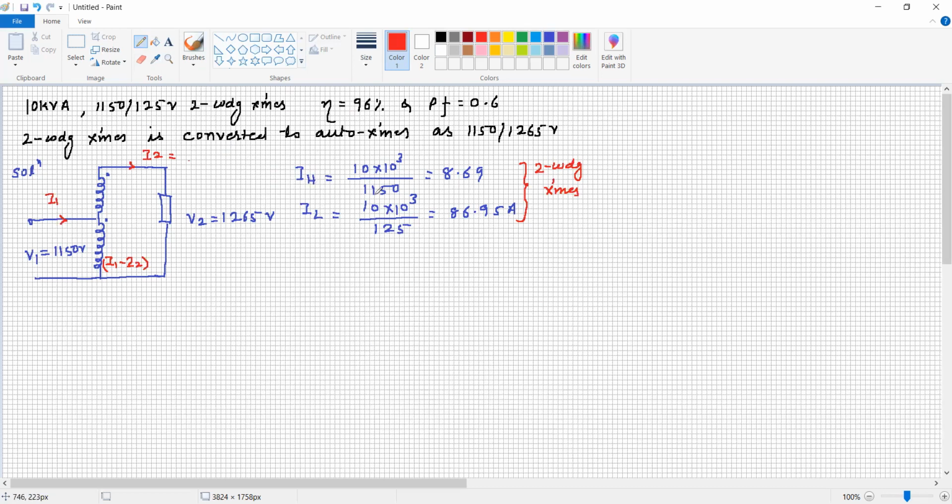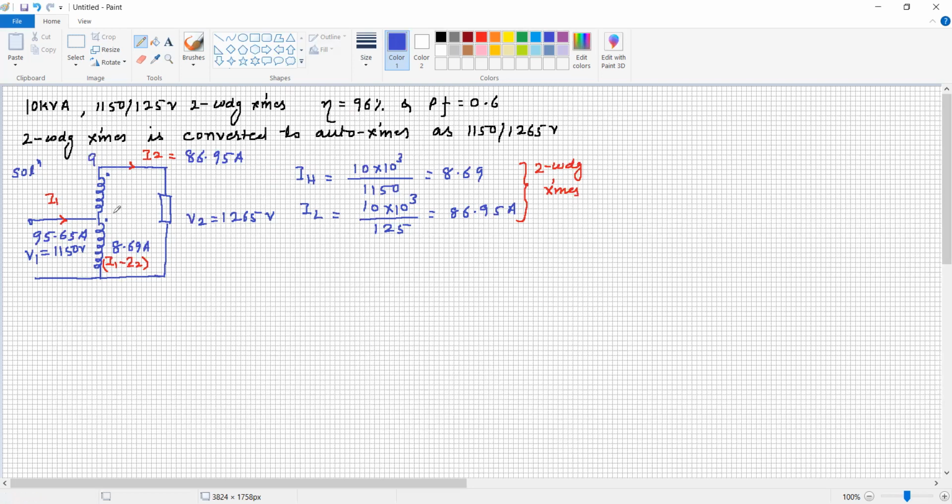So HV current means the current in the HV winding 1150 volt, which is equal to 8.69 ampere, whereas this current I2 is the current in the LV winding 125, which is 86.95 ampere. So the addition of these two will be the total current. It is 95.65 ampere. Okay, this is the entire circuit.